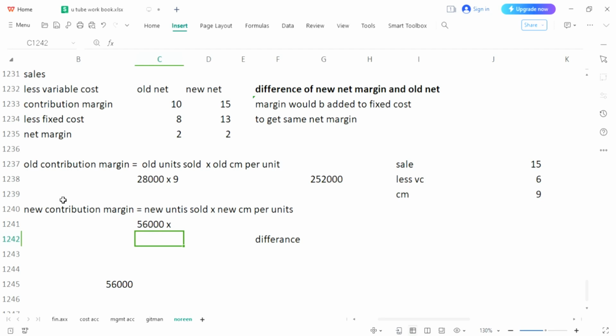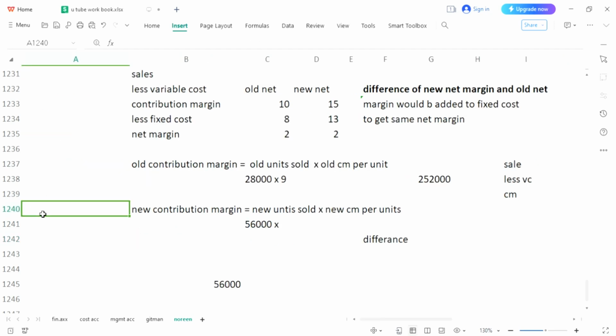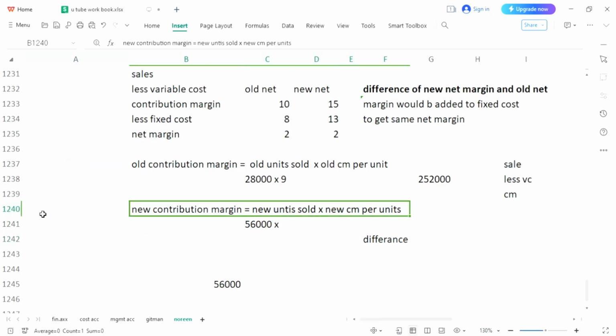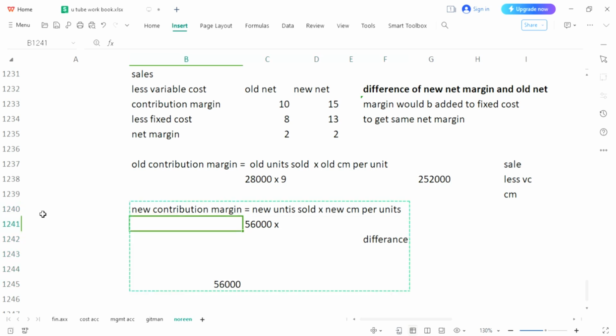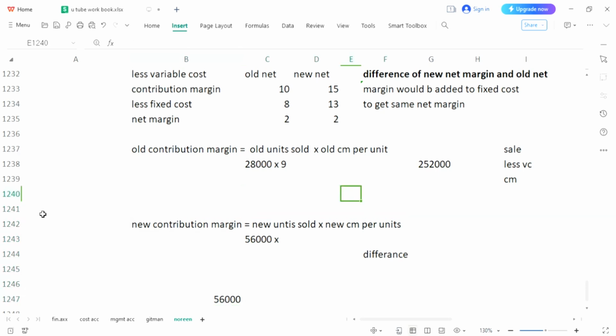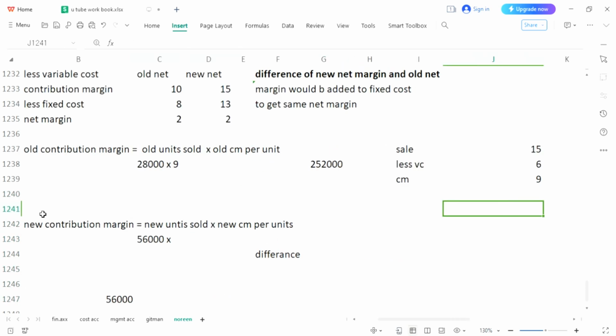So for that we will be calculating new CM per unit. Okay, as we have calculated the old, we will be calculating new contribution margin as well.